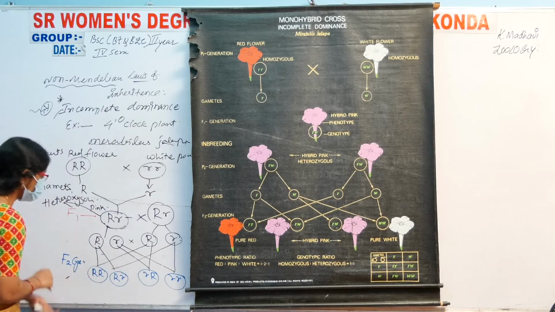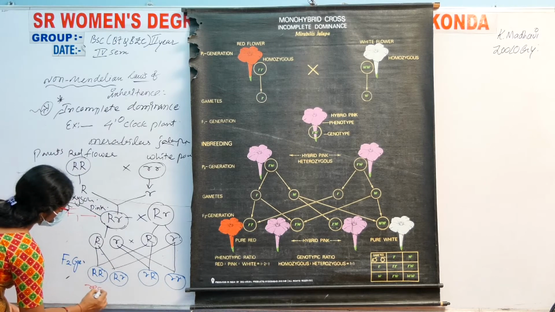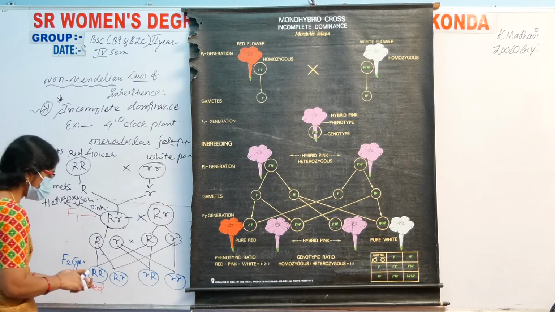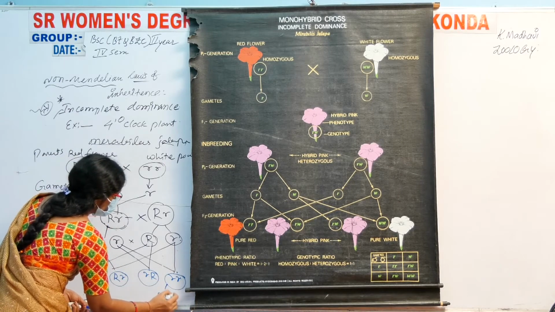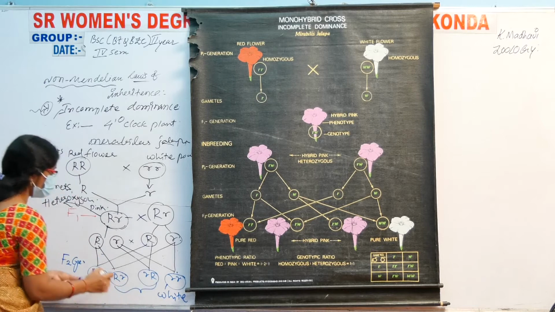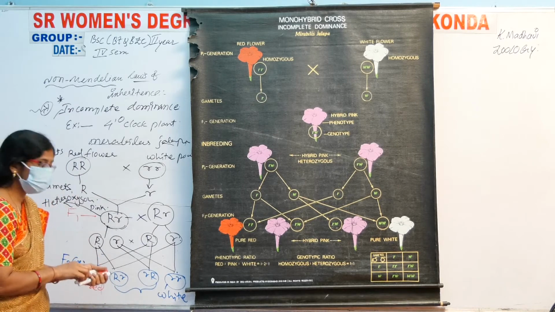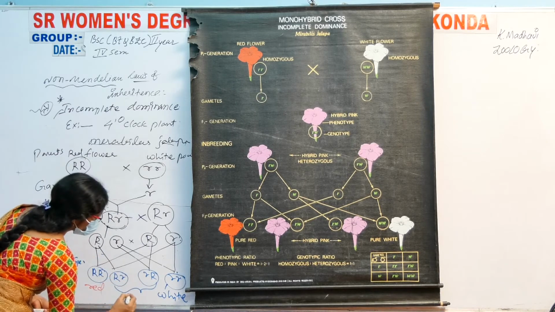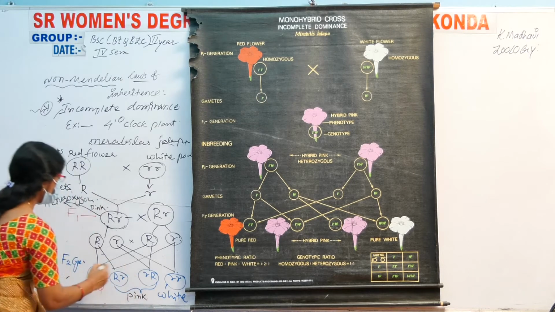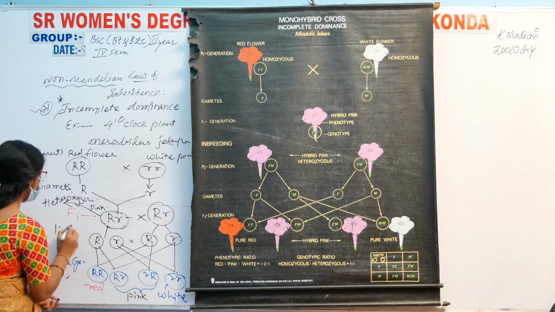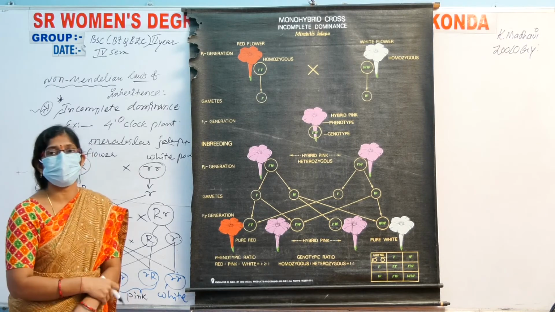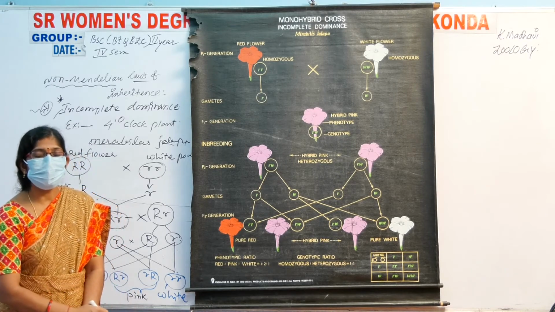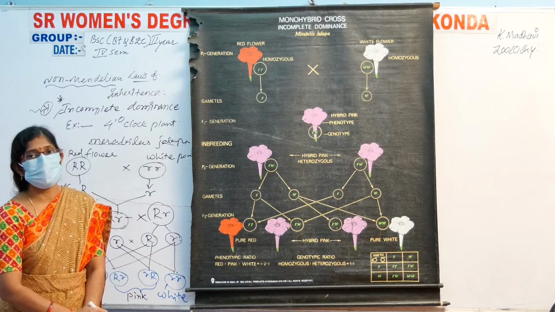That's why this is a complete red flower and this is a complete white flower plant, and these two are pink color plants. What is the ratio? 1:2:1, both genotypic and phenotypic. That's why this is called incomplete dominance.